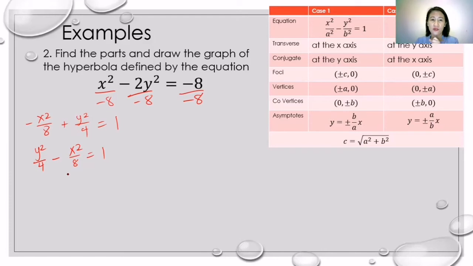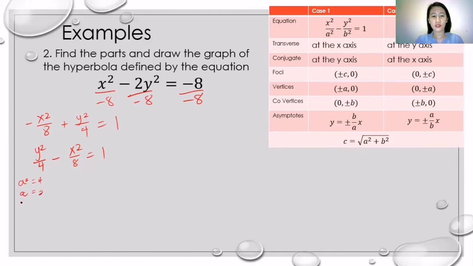And then, next to that, we also know that you have a positive y term. That means we are at case 2, wherein our transverse axis is along the y-axis and our conjugate axis is along the x-axis. So let us now start by identifying A. A squared is 4, therefore A is equal to 2.